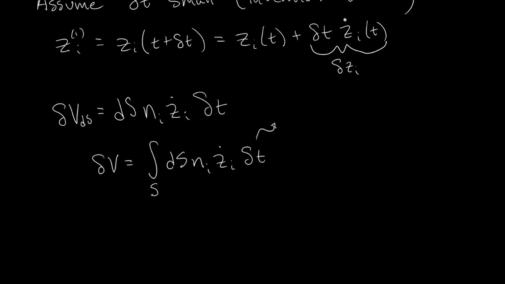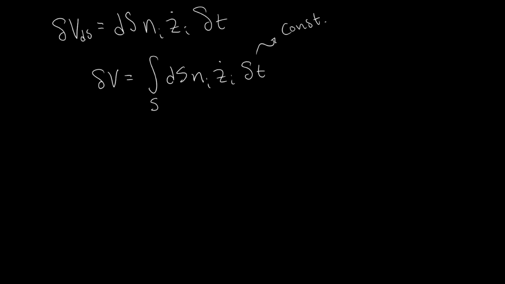Now delta t is a constant, so I can move it out of the integral. And in fact, I will divide both sides by this delta t. So I get delta V over delta t is this surface integral of n_i z dot_i.